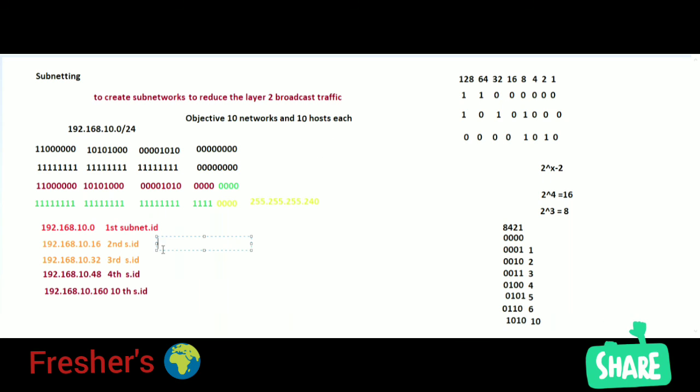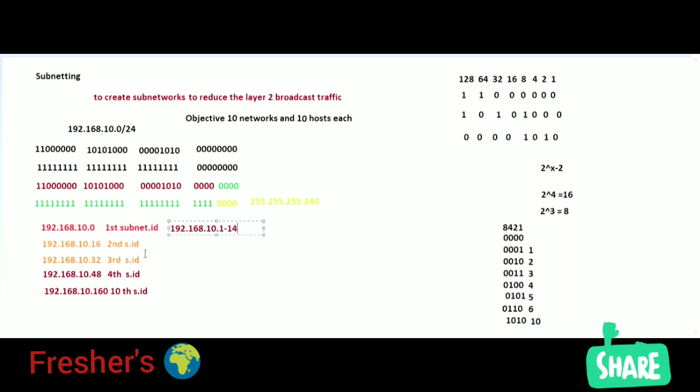For the first subnet, the first IP address is 192.168.10.1 and the last IP address is 14, because 15 is the broadcast ID. The first is the network ID and the last is the broadcast ID, so the number of hosts is the IP addresses available between the network ID and the broadcast ID.